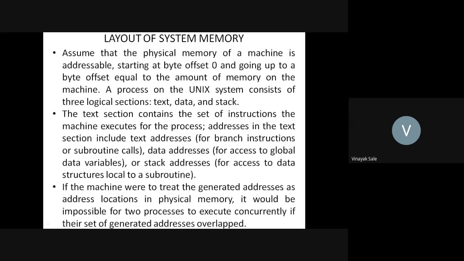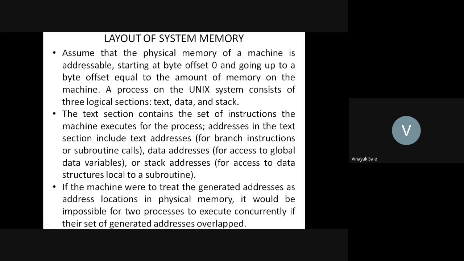Then the next part is the layout of system memory. Assume that the physical memory of the machine is addressable starting at byte offset 0 and going up to a byte offset equal to the amount of memory on the machine.